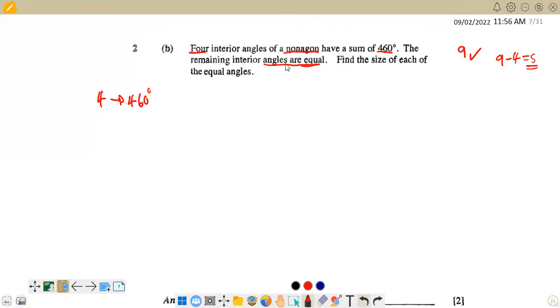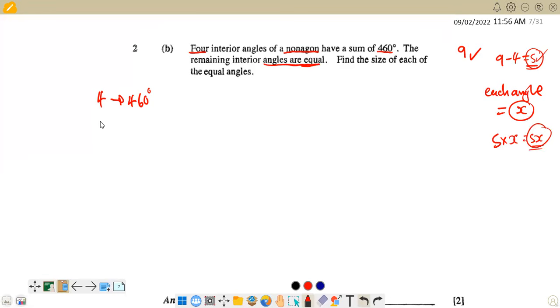If they are equal and there are 5 of them, let's say each angle is equal to x. Each angle is x, and there are 5 of them. So what is the sum of these? We multiply 5 times x, which is 5x. The sum of these 5 remaining angles will be 5x.